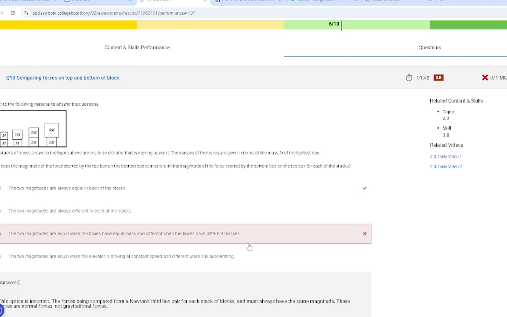The normal force that each block exerts on the other is equal in magnitude because of Newton's third law, which is that every action has an equal and opposite reaction, which means the two magnitudes that the blocks are exerting are always equal in each stack, because the mass doesn't matter.